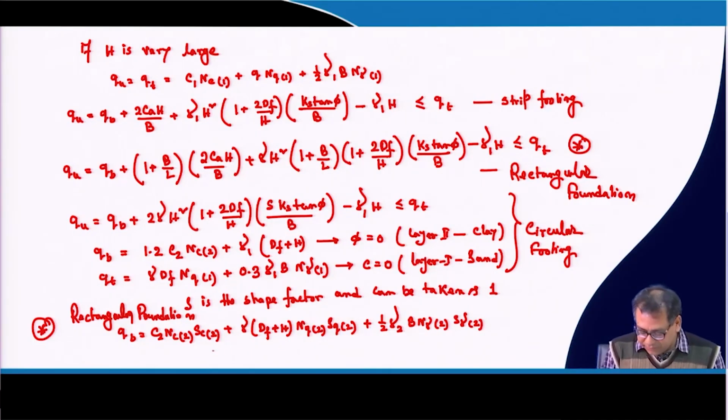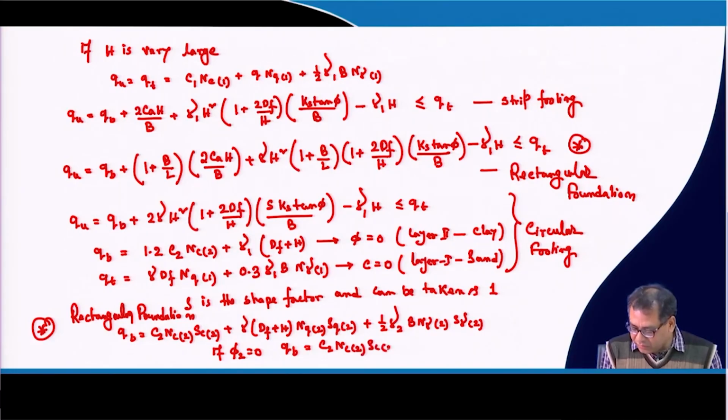Now, if your phi 2 is equal to 0, then QB will be C2 NC2 SC2, plus gamma (df plus H) into NQ equal to 1.